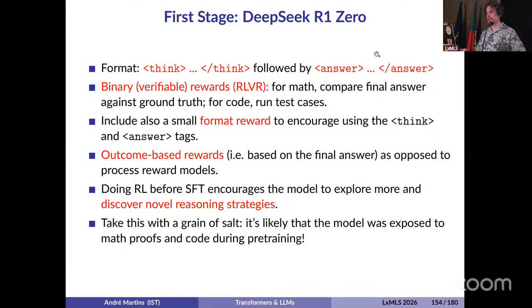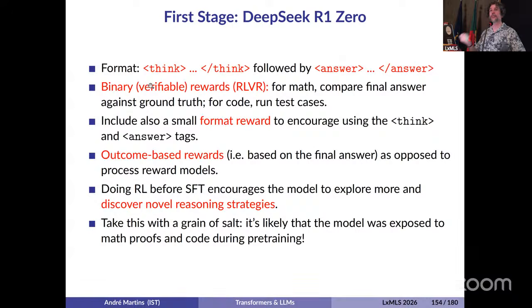Because of these answer tags, it becomes easy to identify where the final answer is, right? And if you are working on question answering where the answers are mathematical questions or something where you can look at an answer and identify easily if it's correct or not, then you can have verifiable rewards.